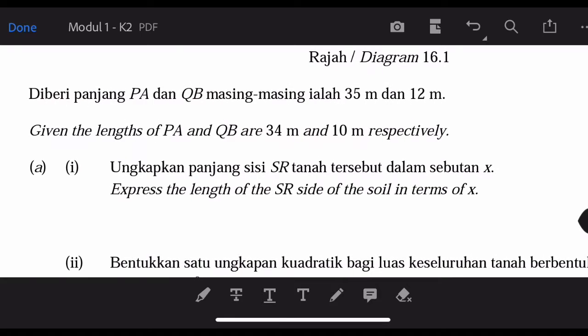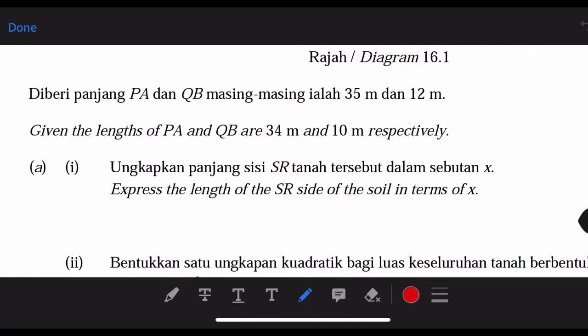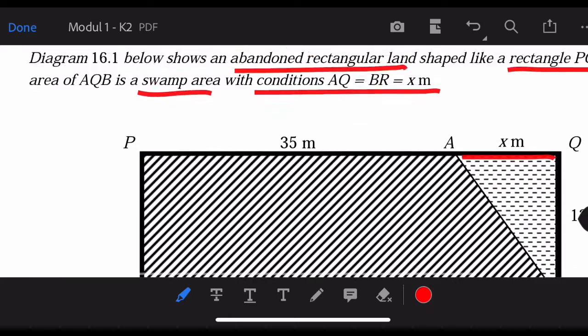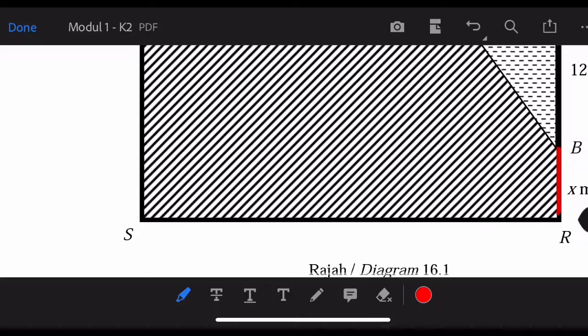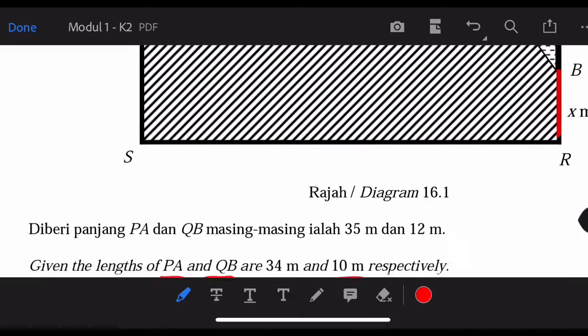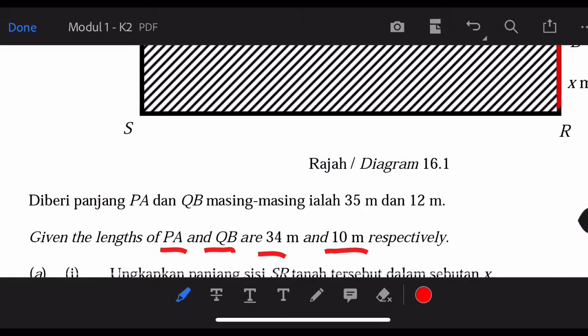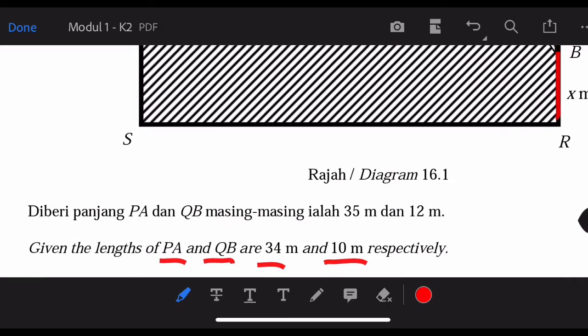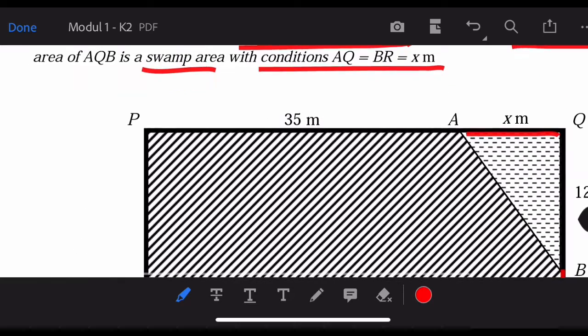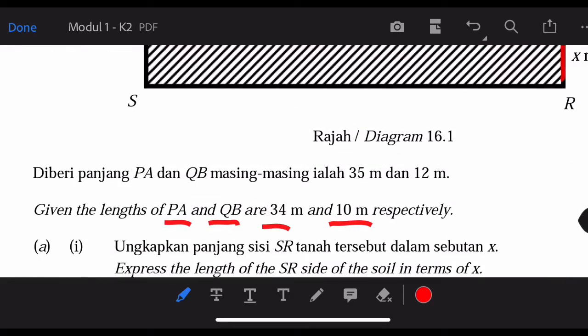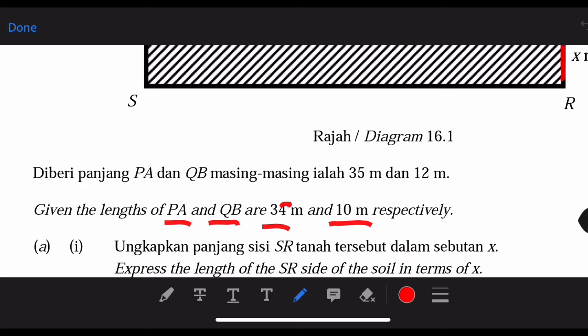Given the length of PA and QB is 34 meter and 10 meter respectively. Okay, so we are given 35 meter for the PA, and for the QB is 12 meter.